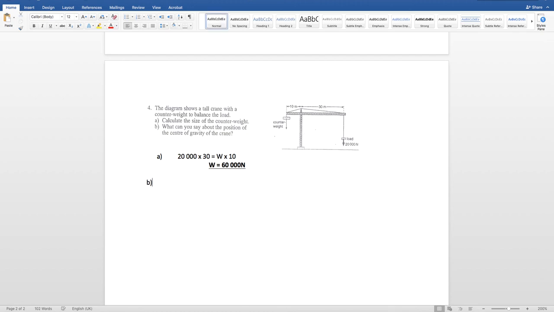And then B, what can you say about the position of the center of gravity of the crane? Well, if the center of gravity of the crane, the beam here, was anywhere other than right here, then you would have to consider the weight and its distance from the pivot.